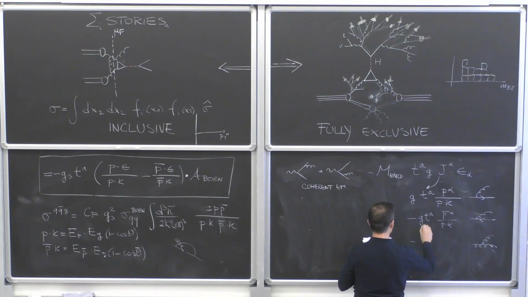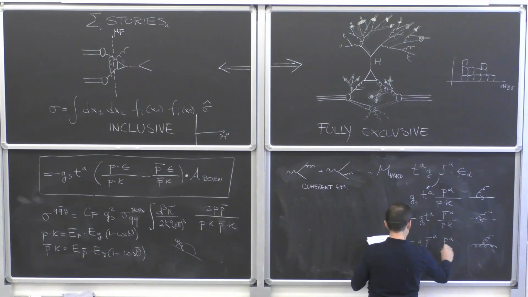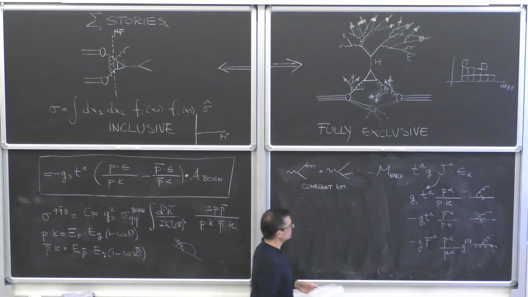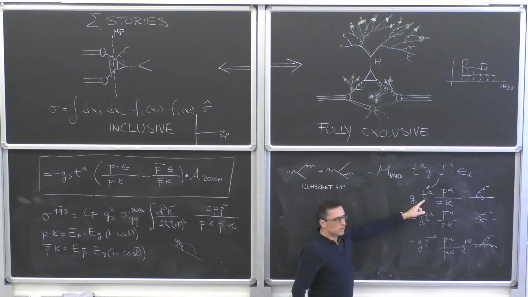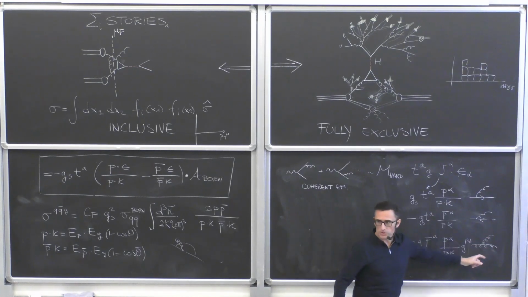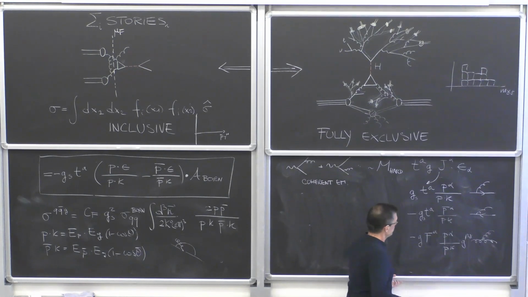And if you have a gluon, the rule is the same, where instead of having the color representation in the fundamental, you have the color representation in the adjoint. Okay, because now you have three adjoint indices here.